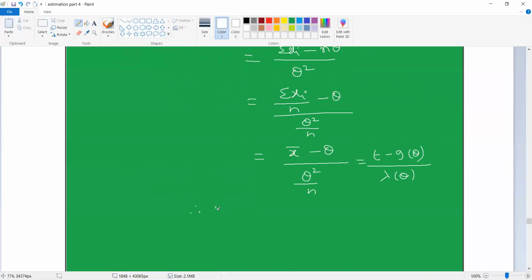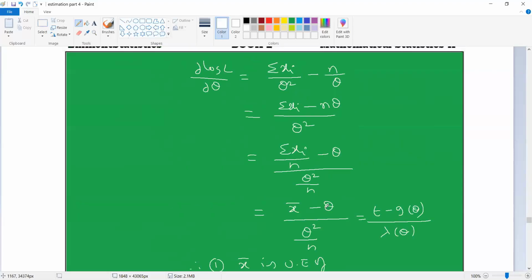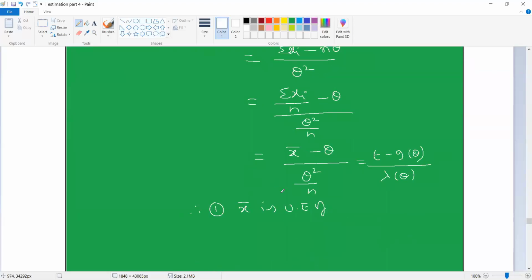So therefore, first, x bar is an unbiased estimator of theta. Second, MVB for the exponential distribution parameter theta is x bar.